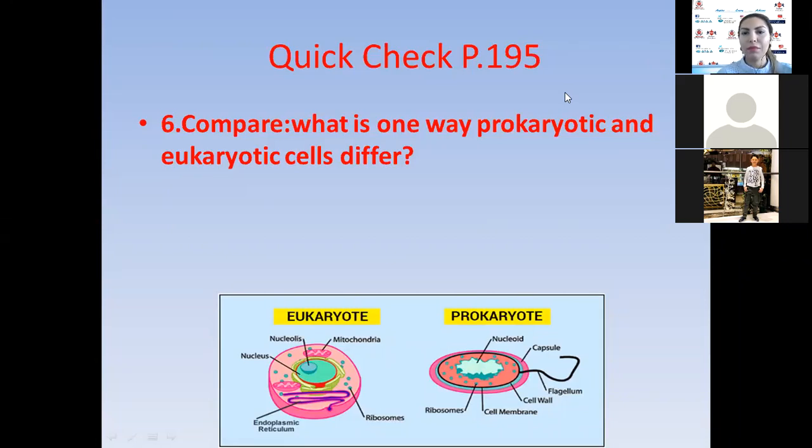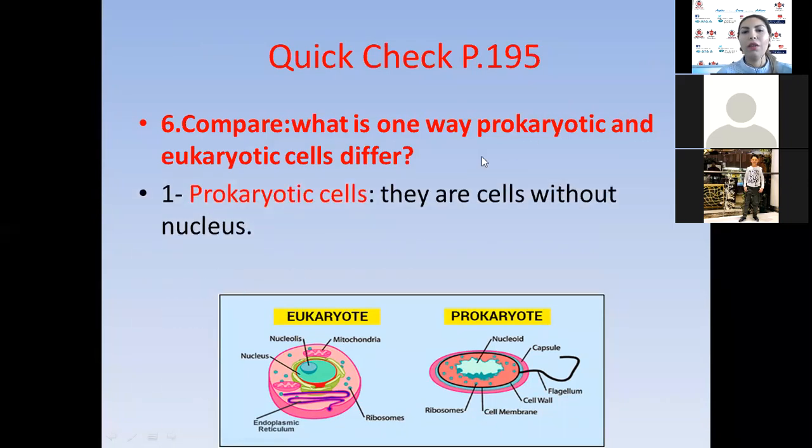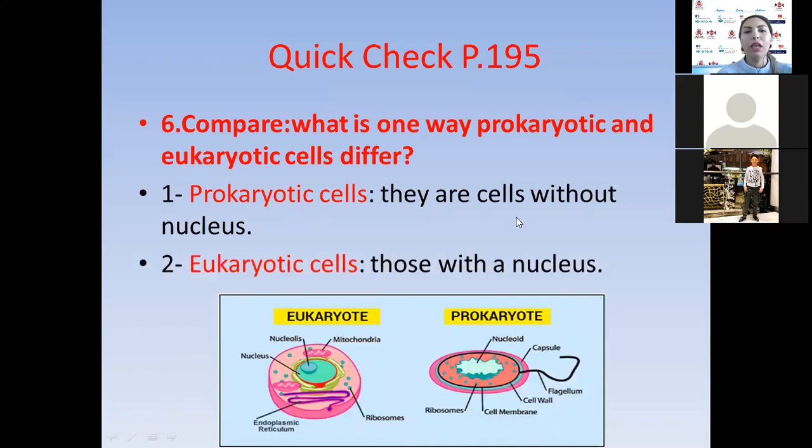The prokaryotic cells are cells without a nucleus, but the eukaryotic cells have a nucleus. Yes, thank you, Ahmed. Well done. So prokaryotic cells are cells without a nucleus, while eukaryotic cells are those with a nucleus, like this picture.